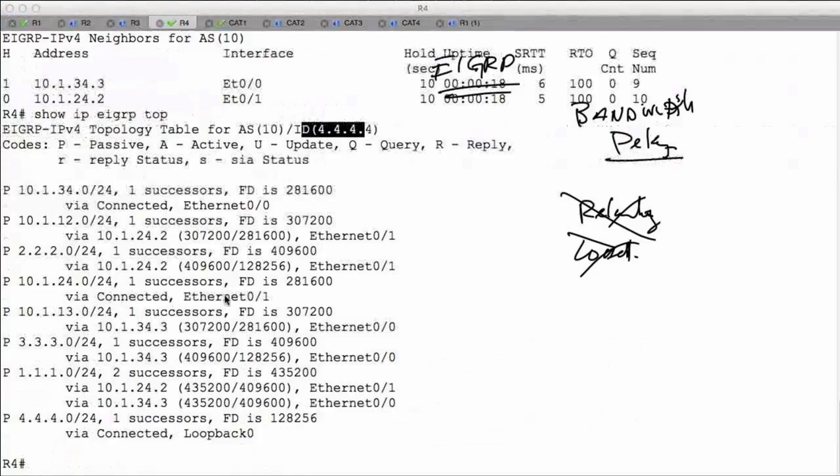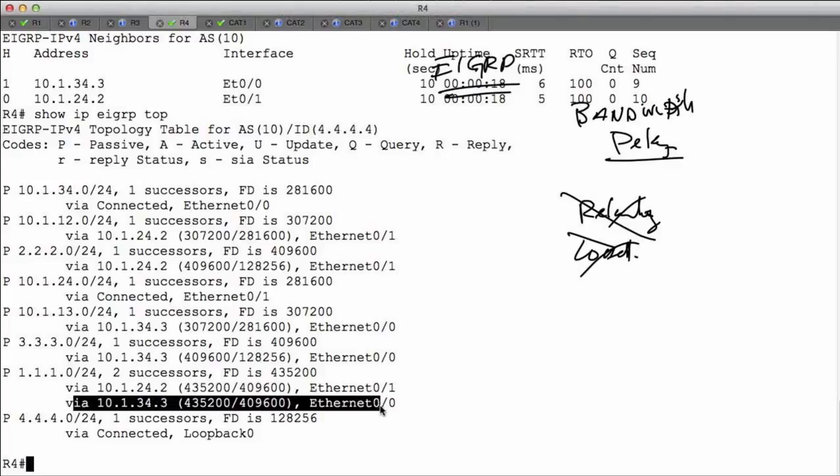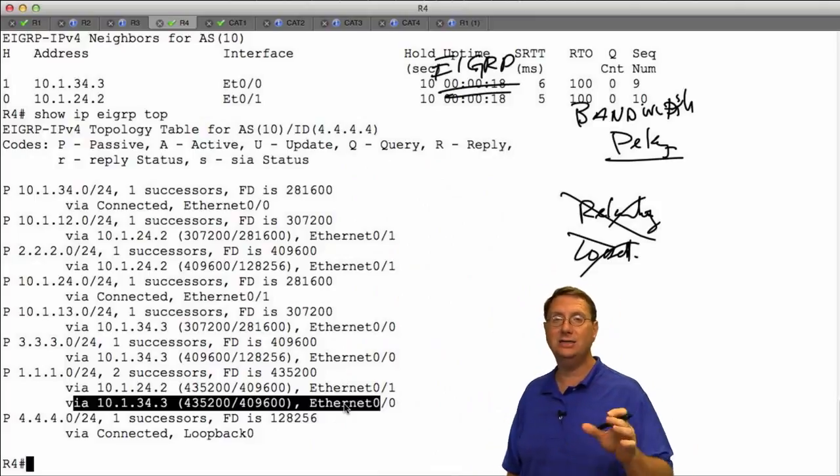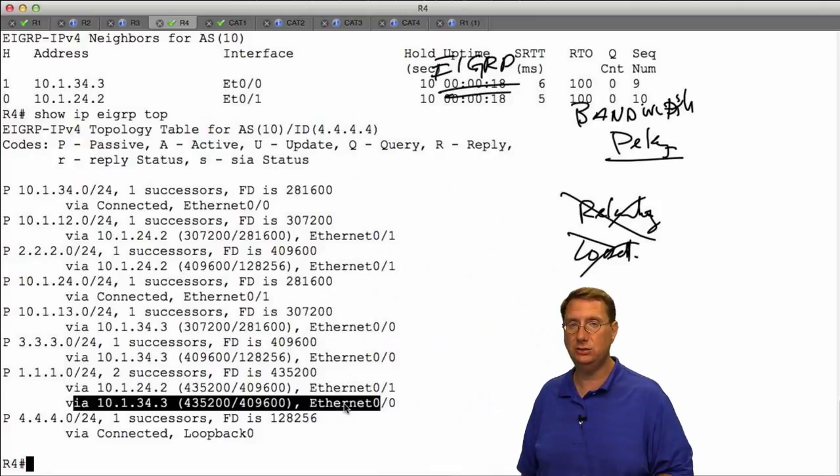Now, we've illustrated this whole idea of the topology table because it's going to give us quite a bit of information. It's the only protocol we're going to deal with that maintains alternate or backup routes if a certain condition is met. That condition is called the feasibility condition.